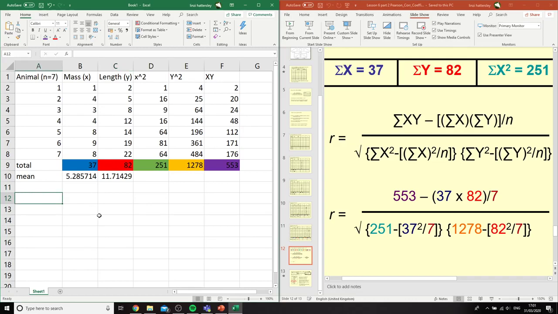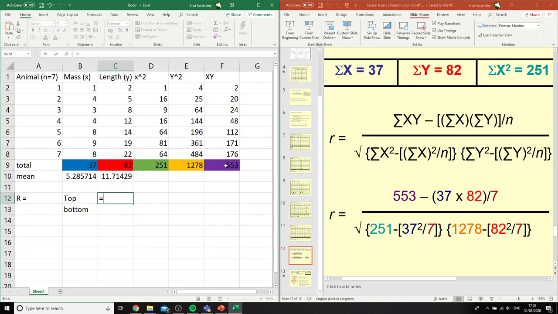So it's easier for you to break this down into top and bottom. Okay. So R equals, and I'm going to put top, bottom. Okay. So your top, I'm going to press equals.